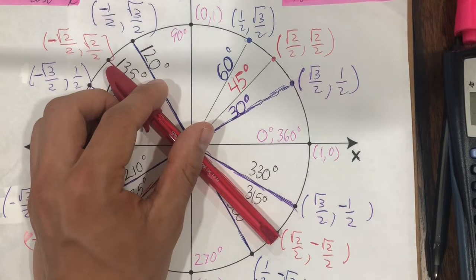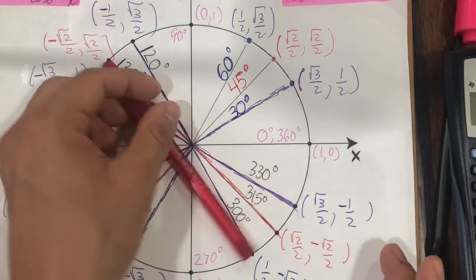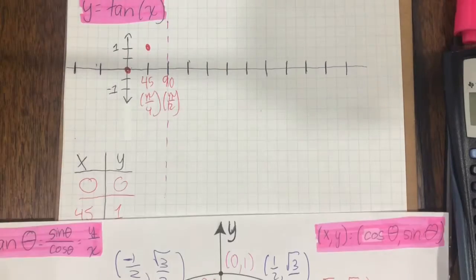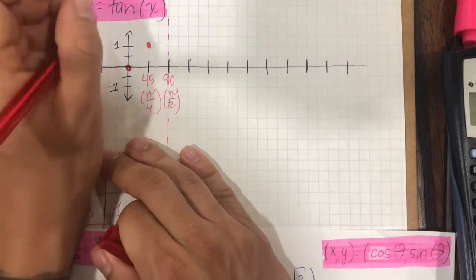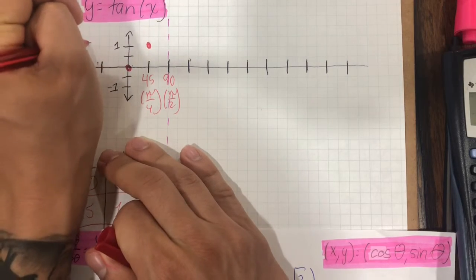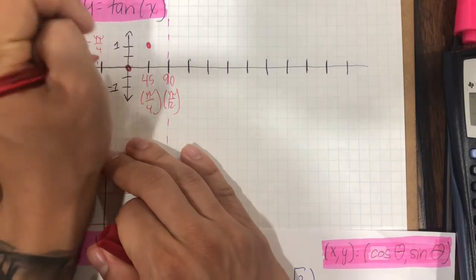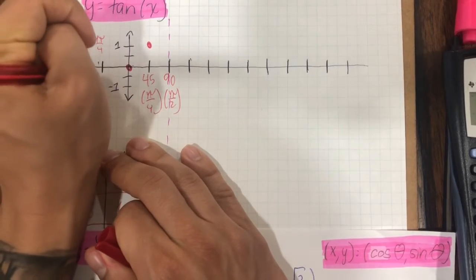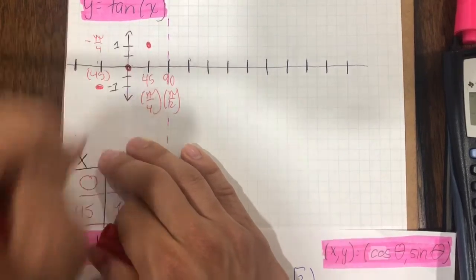They're the same number except for the sign, so if I divide these two, I would get 1. But since I'm dividing a negative by a positive, I'm going to end up with a negative 1. So at negative pi over 4, or negative 45 degrees, I'm at -1.